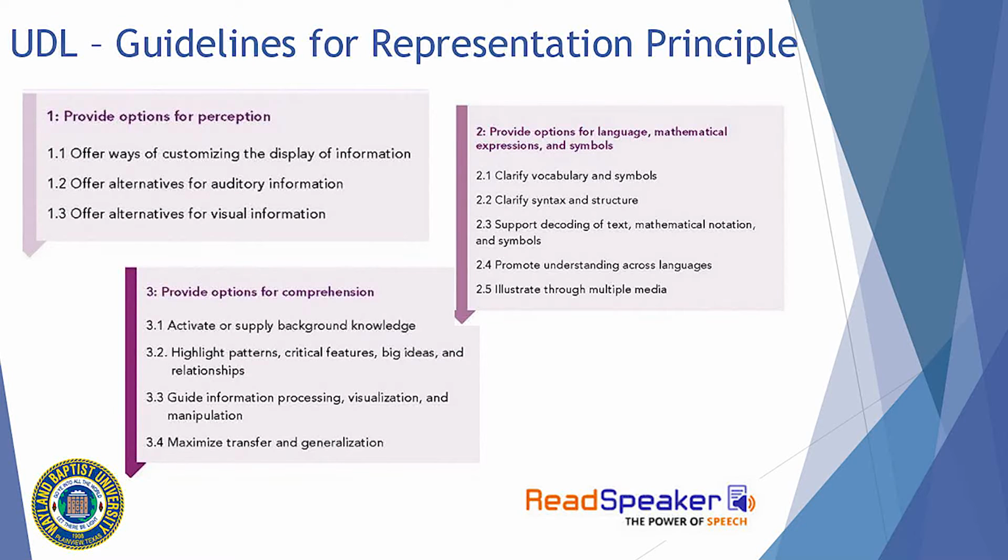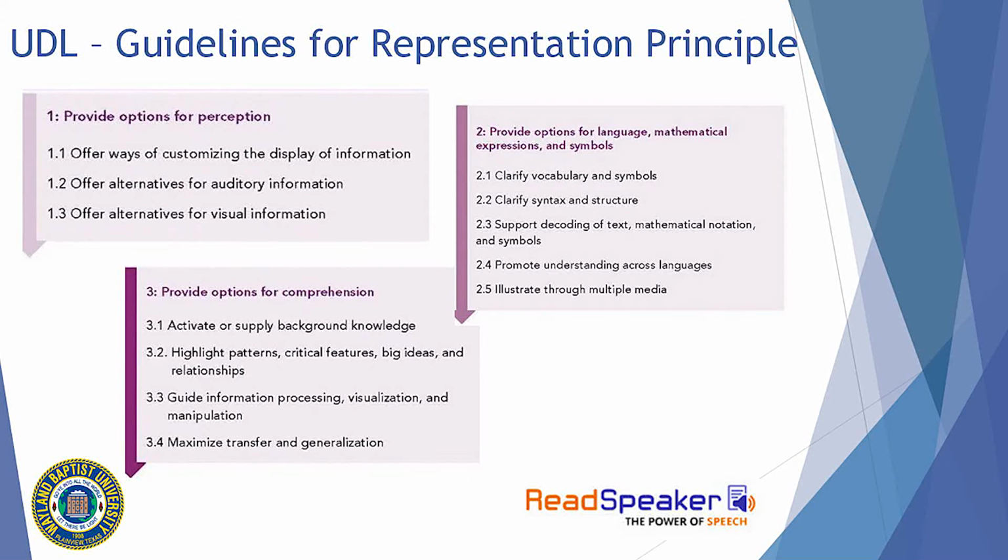So basically for representation, there are three guidelines that universal design presents. Options for perception. So that's the idea of, okay, if you've got something in text, could you present it in audio?